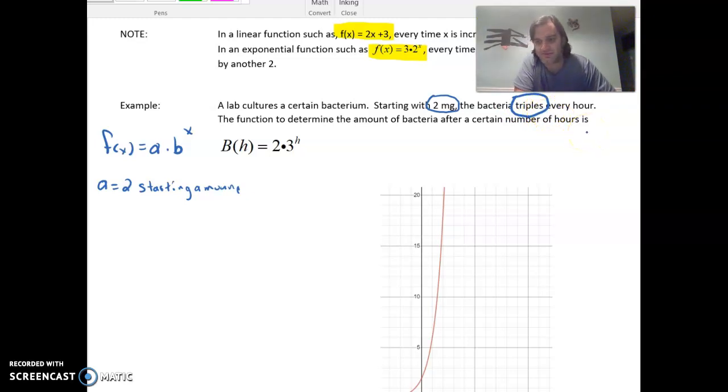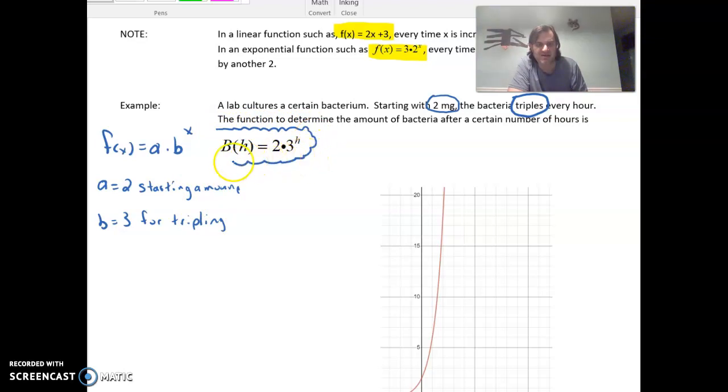From one hour to the next, you just look at the previous hour and you triple the value. So in that case, the b would be 3 for the triple. And that's where we get the function that's right here: B of h, bacteria per hour, equals 2 times 3 to the h.